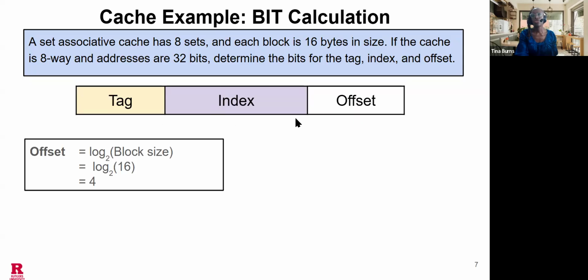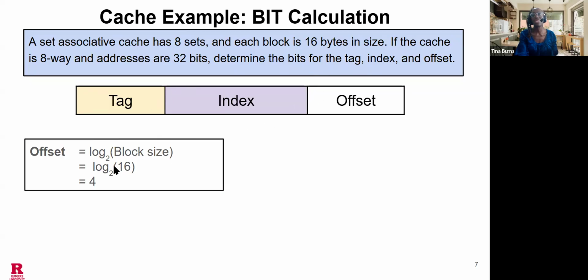And I already know also that the offset is determined by how many bytes total are in each block. So the offset is an easy one to do, and the index is a relatively easy one to do, right? For the offset, I said I have 16 bytes total within here.